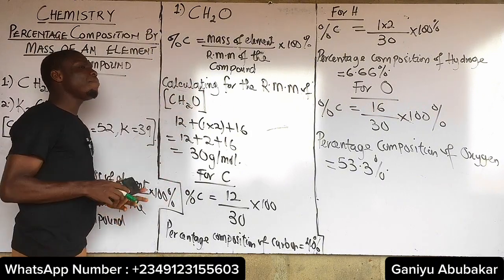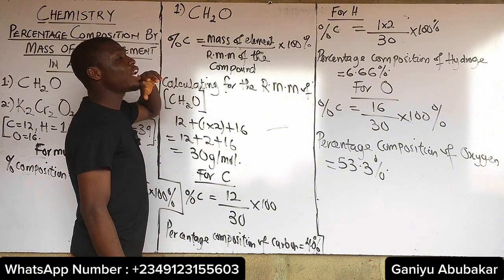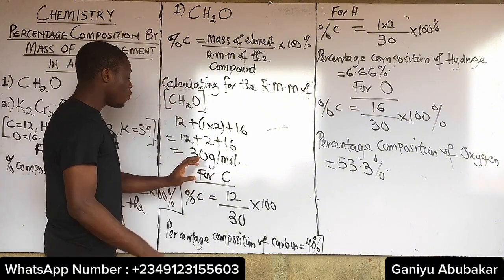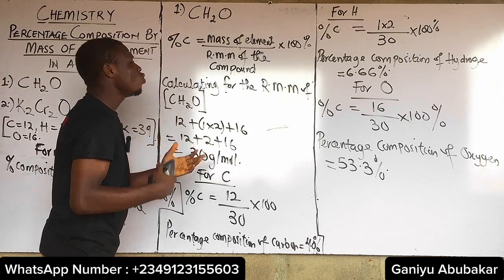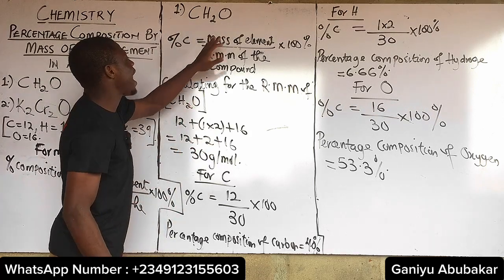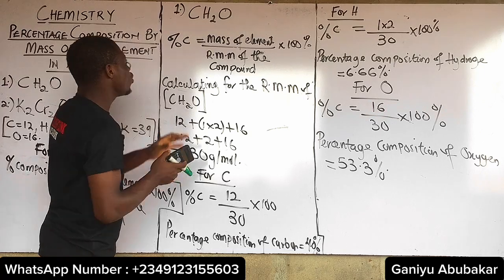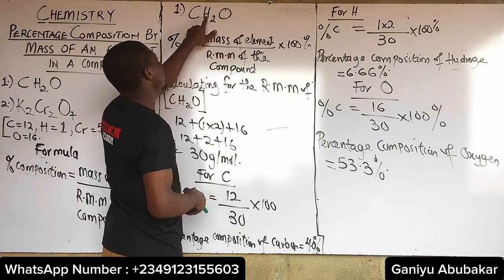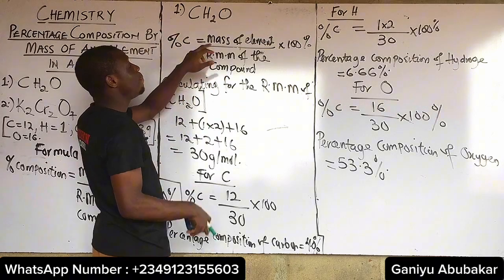Now, don't make a confusion. Perhaps they will ask you, we have done for carbon, hydrogen, and oxygen, which element here has the highest percentage composition. Looking at this, because hydrogen is having two, some people will say that hydrogen has a higher percentage composition.